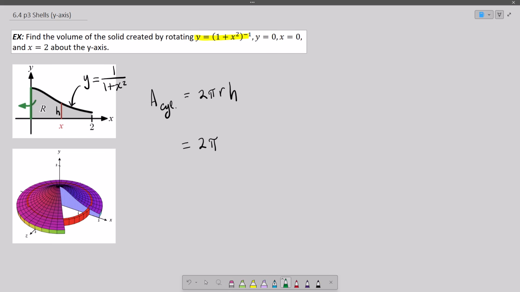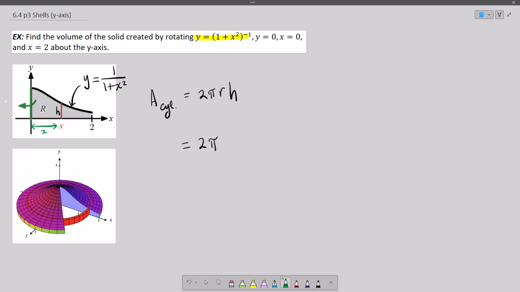If I say this is the vertical rectangle at X, doesn't that tell me that we are X units from the y-axis? That's what that X means. If I plop an X down right there, we are X units from the y-axis. If you plop a Y down right there, you are Y units from the x-axis. So that distance right there is X.